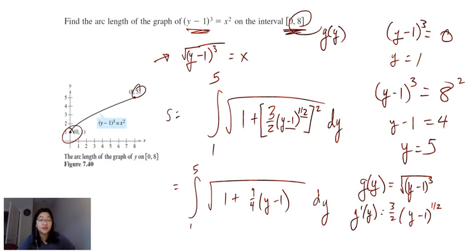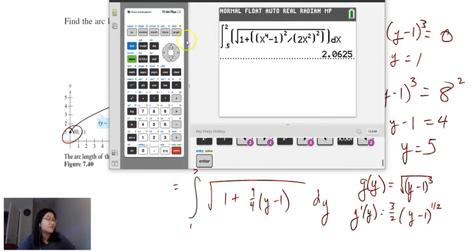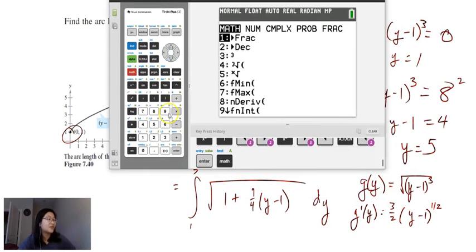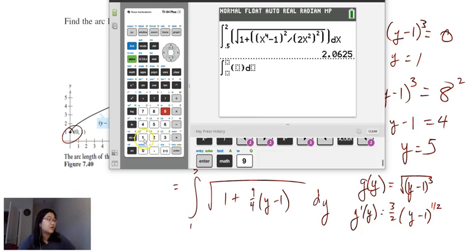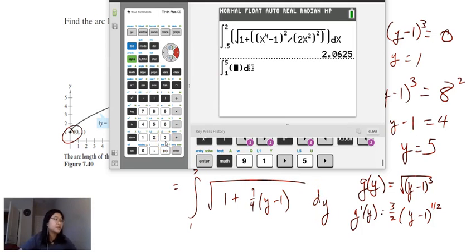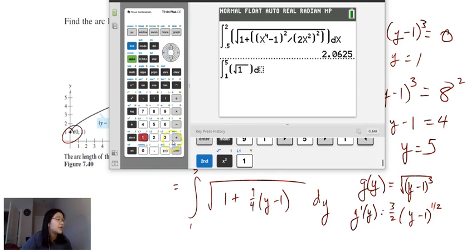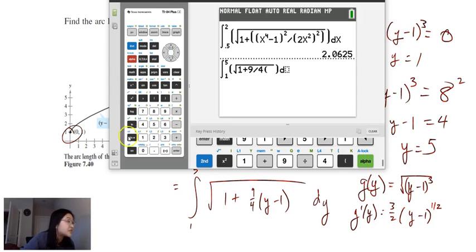So let's try to put that in the calculator, see if we get any faster at this. Probably not. So math, and then we want 9. Our bounds are from 1 to 5. And we can put this in terms of y and all that, and I guess we can do that. So we get square root of 1 plus 9/4 times, and then alpha to get y.